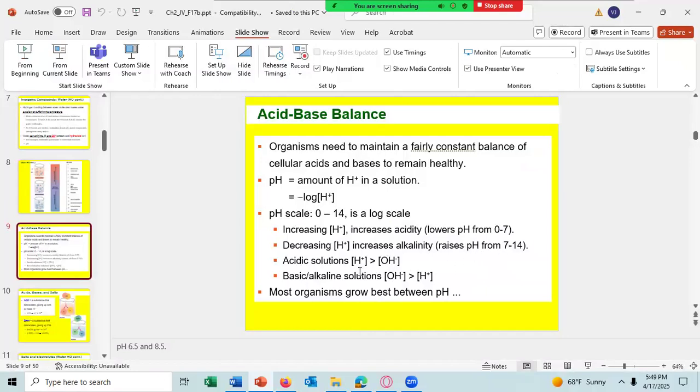Acidic solutions have more H plus ions in solution than OH minus. Basic alkaline solutions have more OH minus ions in solution than H plus ions. Most organisms grow best around pH 7, meaning between pH 6.5 and 7.5. Any question about any of that?